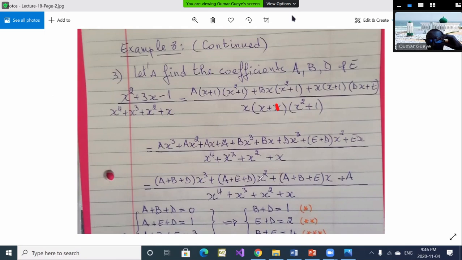That's what we got here. For the coefficient of x, you have a here, b, and e. And for the constant without x, we only have a, the only term where you don't have x. Now we have to compare the two numerators.